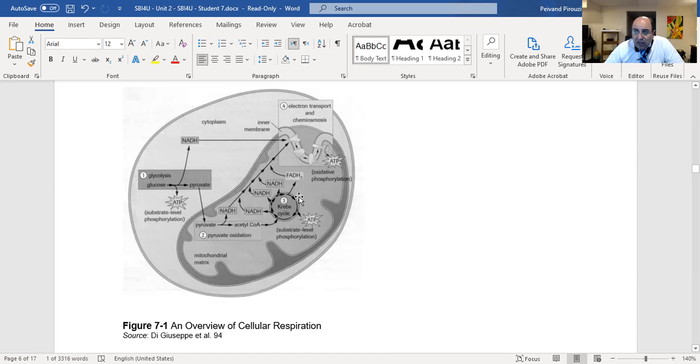All of these molecules are going to be found in the inner membrane of the mitochondrion, where they will all stimulate an enzyme that we call ATP synthase. So now you understand that from glucose, we are going to produce several molecules that will all be able to stimulate ATP synthase. And ATP synthase is going to produce ATP. This is all you need to know so far.